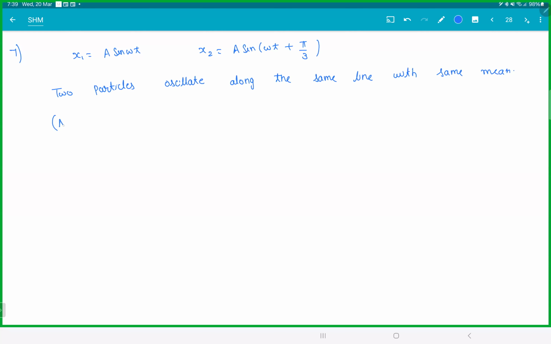Assume they do not collide, okay? They're like just shadows. Find the time when they meet, and the maximum distance between them.